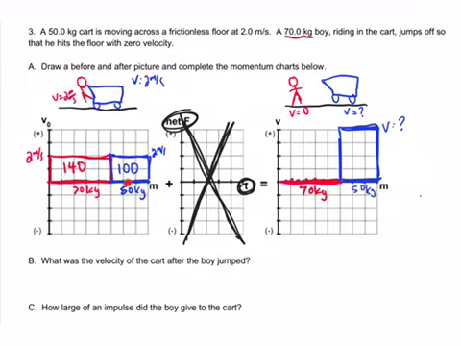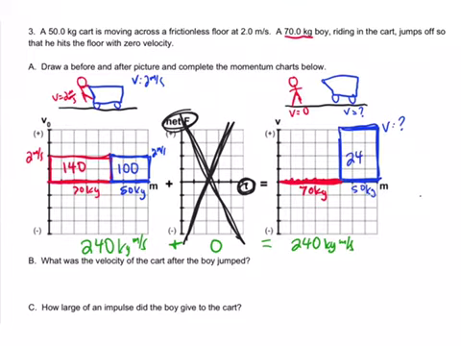If you take a look at this momentum chart here, the total momentum in the system is going to be 240. Since there's no impulse, an impulse of 0, we have to have 240 total at the end somehow. Now, the boy cannot have any because he's at rest. So all of this 240 has to go to the cart.